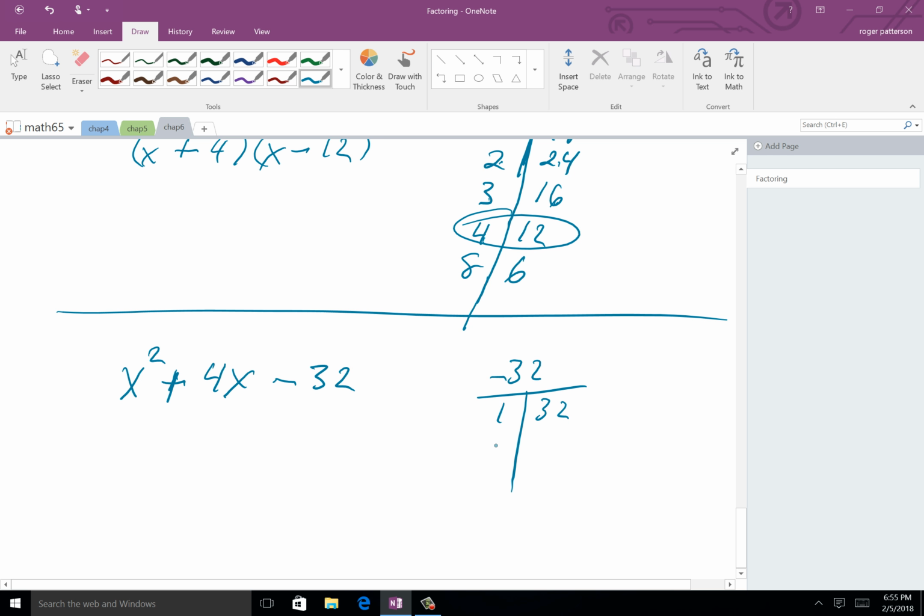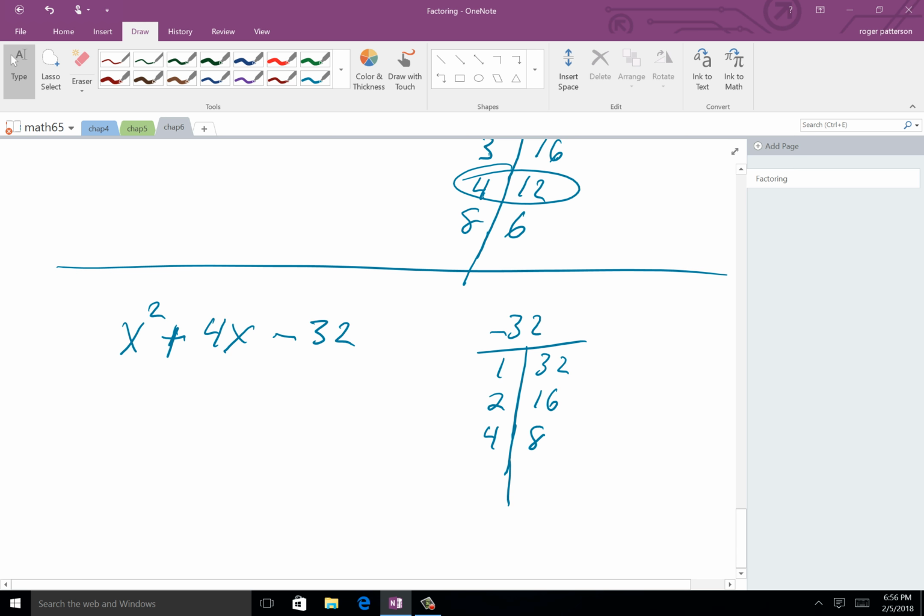What else? 2 and 16. Double and half. Next one. 4 and 8. Double and half, see? Wouldn't do any good to double and half now, so we got 4 and 8. Do we have any other numbers that go into 32? I don't think so. That's pretty much it. Did we find the one that works?